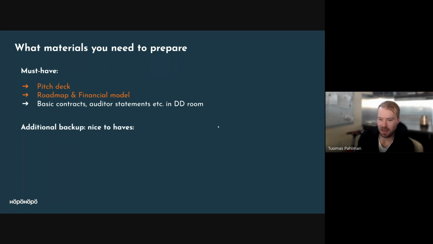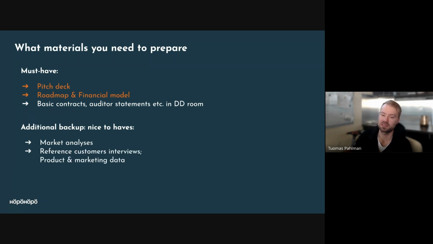And then also it's good to have some backups, nice-to-haves. These are not must-haves, but if you have any documentation on market analysis, reference customer interviews, product marketing data, team bios, details of competitors, it's good to have this as backup.